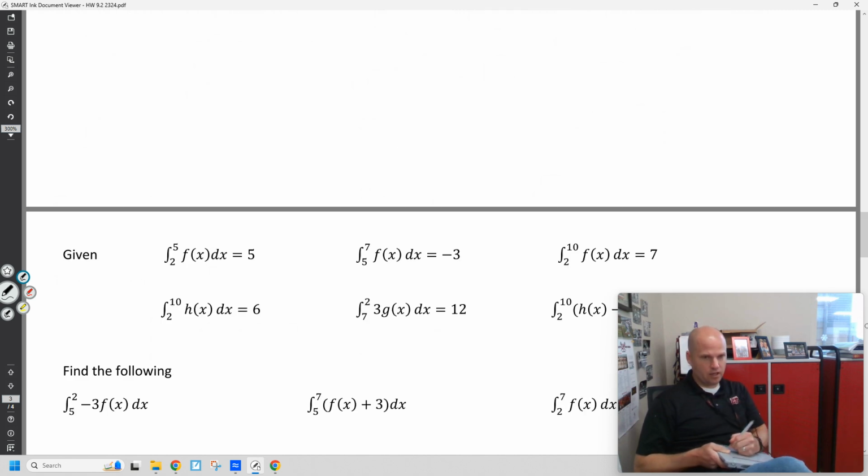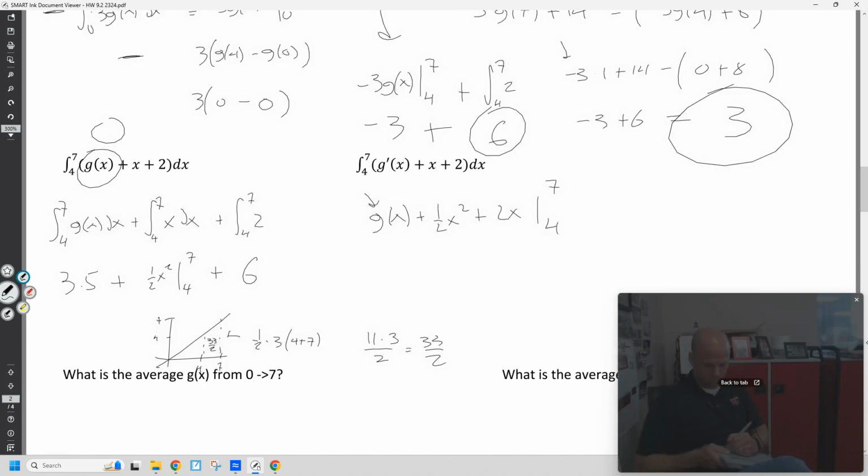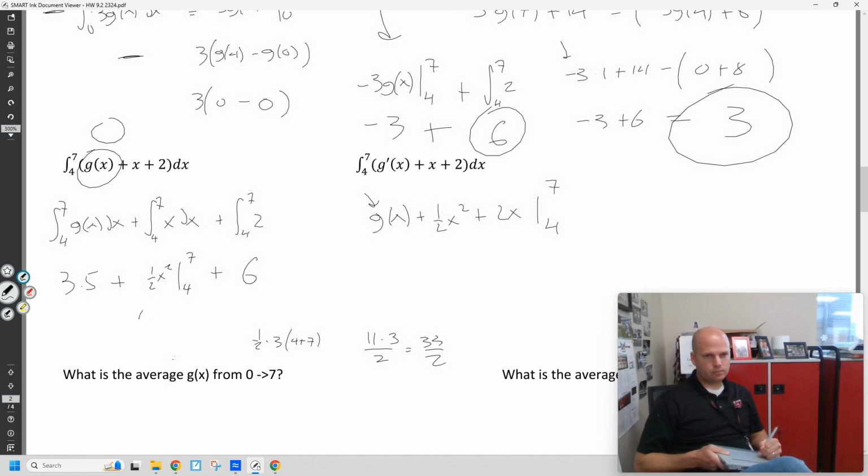If I plug in 7, I get 49 halves. If I plug in 4, I get 8 or 16 halves. I'm going to keep it as 16 halves. 49 halves minus 16 halves, boom, 33 halves.